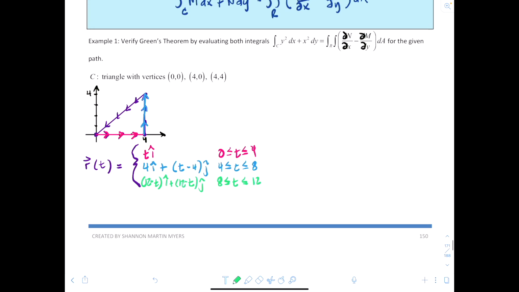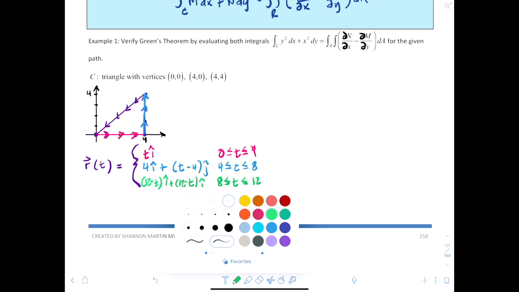We've got our r of t, and it's these 3 pieces. And so what we needed to find, at the end of the day, was all of these pieces, right?